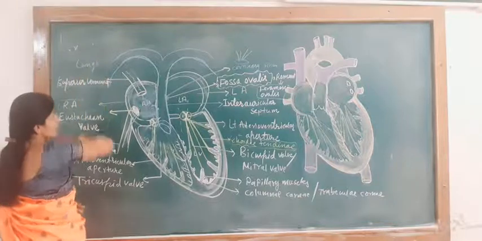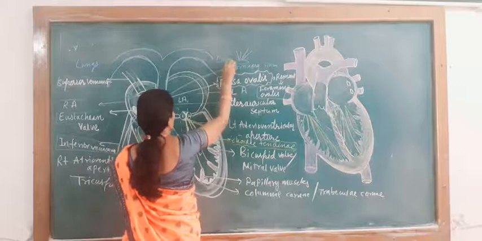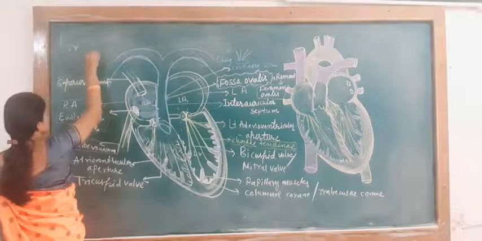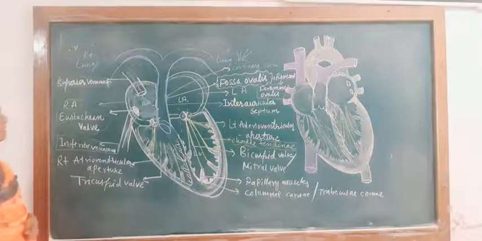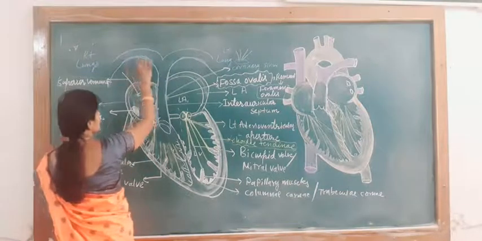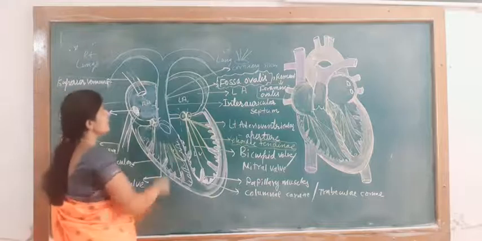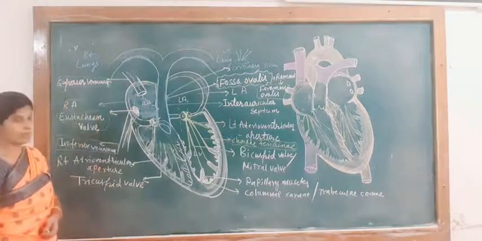It is going towards the lungs. The pulmonary aorta divides into two pulmonary arteries, which carry the deoxygenated blood.